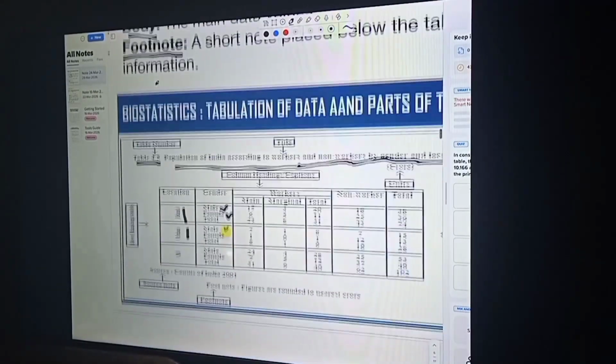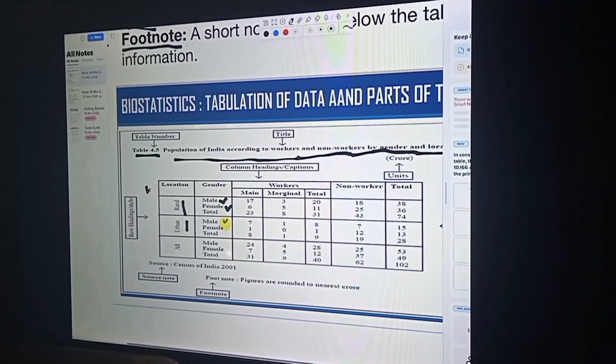Next is rows. This table has 4 rows. This is R1, this is R2, this is R3, and the fourth one is R4. Again, how many columns does this table have? 1, 2, 3, 4, 5. 5 columns. This is C1. This is C2.